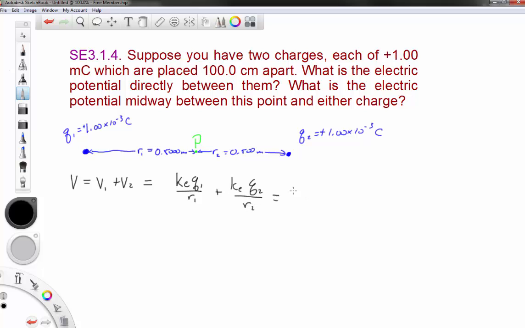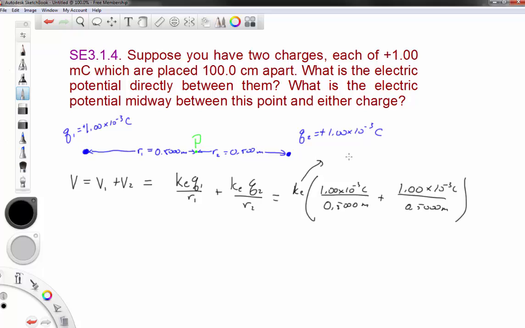That is going to be equal to KE times Q1, which is 1.00 times 10 to the minus 3 coulombs, divided by R1, which is 0.5000 meters. And then the same thing here, 1.00 times 10 to the minus 3 coulombs divided by 0.5000 meters.